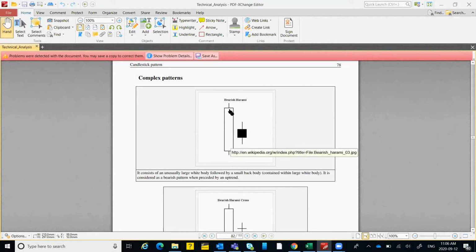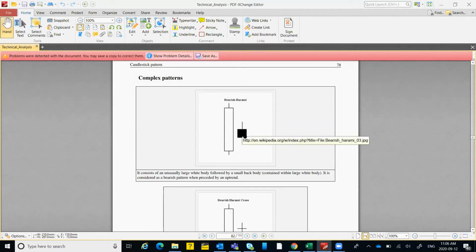So number one, this will be a big candle, this will be a small candle. Opening and closing will be within the opening and closing of this green candle. We call it a bearish pattern, and it is a bearish pattern in an uptrend. So there was an uptrend going on, and you saw this big green candle, and after that a small red candle formed. So it can be considered as a bearish pattern in an uptrend.